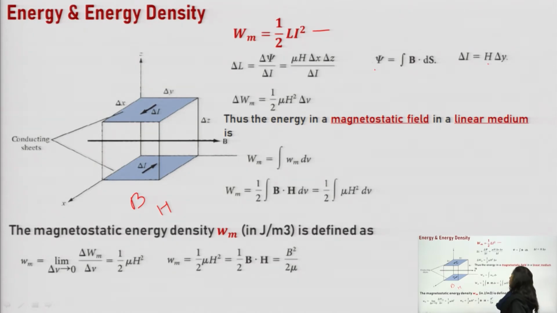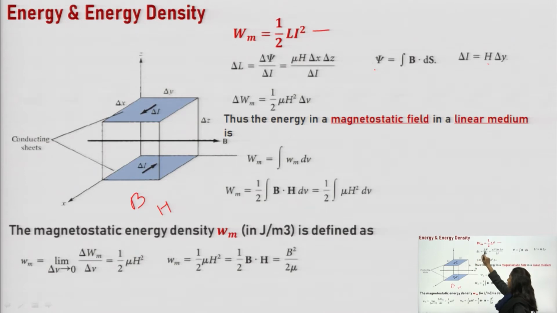Well, here we have L and I. We know that L is the inductance which is equal to total flux linkage by current. Now, this is the flux.